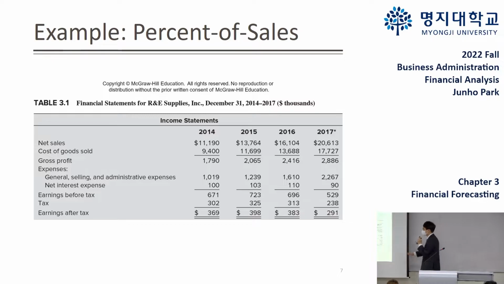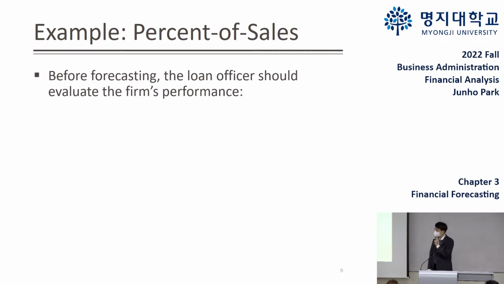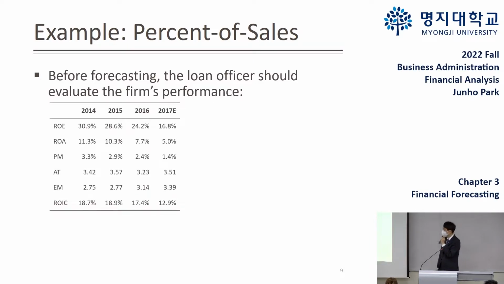Anyway, they provided some basic income statement information as well as balance sheet information. So for your convenience, I already calculated several financial ratios for the company, and here are the results.